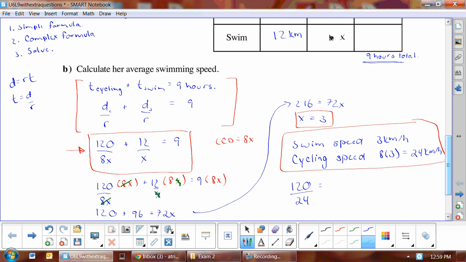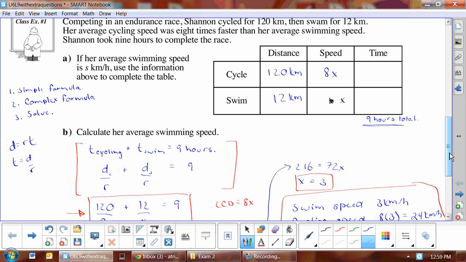Figure that out. 5. So we know that 5 hours cycling and then 4 hours swimming. 12 divided by 3, or you could also go, well, it's 9 hours total. 9 subtracted by 5 is 4.